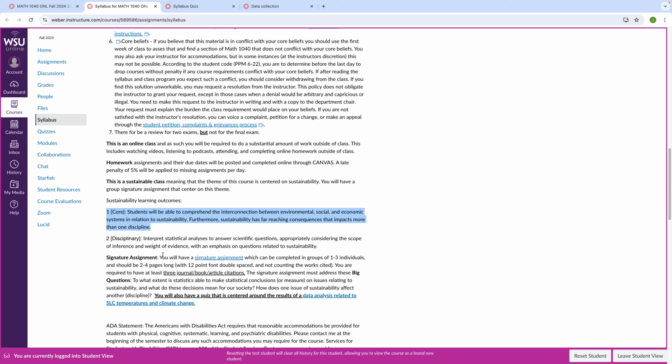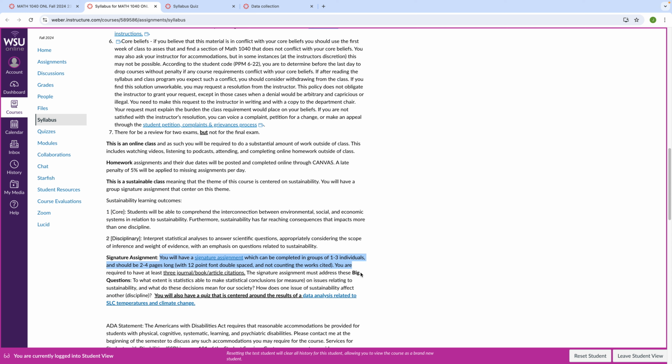Okay, this all culminates in a signature assignment. This can be completed in groups, should be 2 to 4 pages long, 12-point font, double spaced. And you're required to have 3 journal, book, or article citations, totaling 3. Okay.